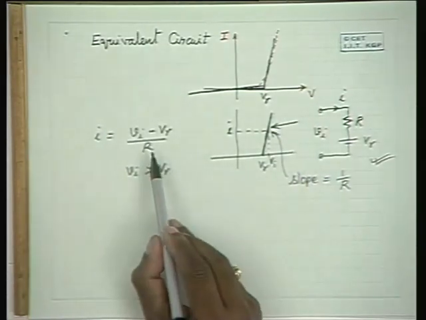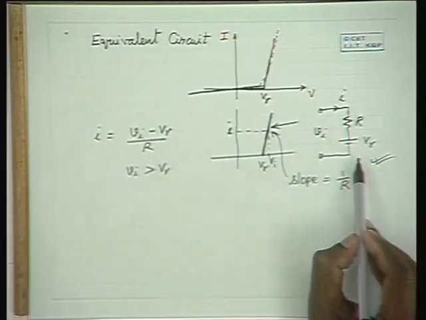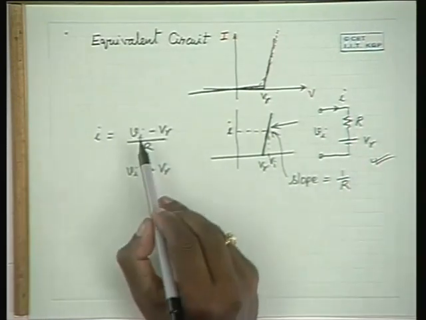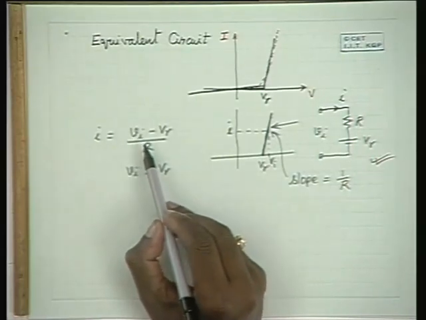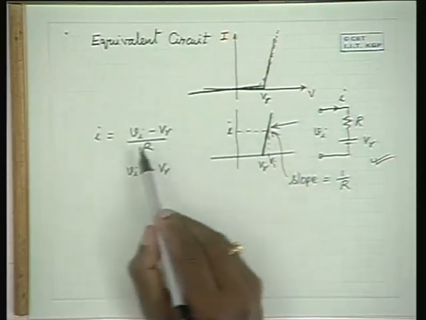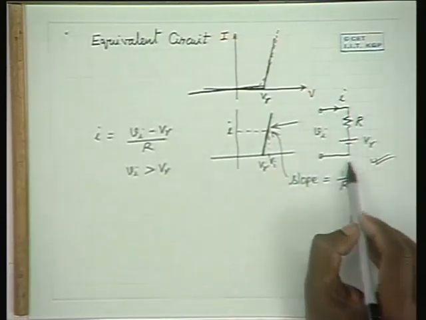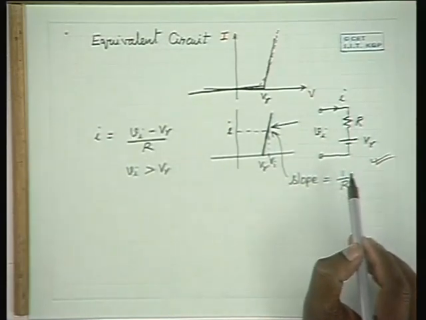What is the circuit equivalent for this? So this is the circuit equivalent for this. This kind of circuit gives you this kind of equation. Hence, the diode can be approximated to this kind of circuit when the input voltage is more than V gamma. That is the interesting conclusion from this.